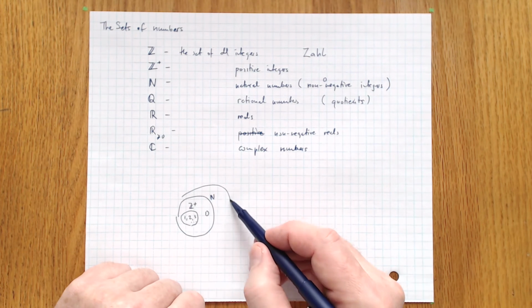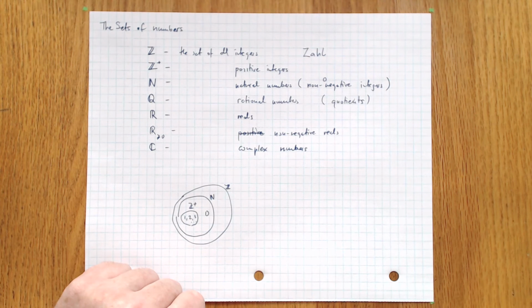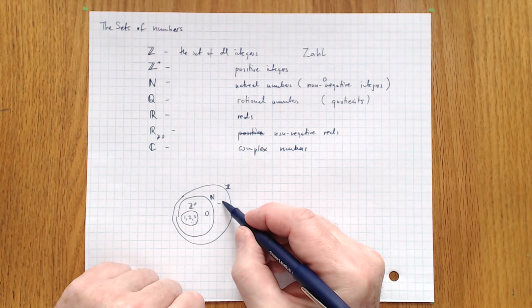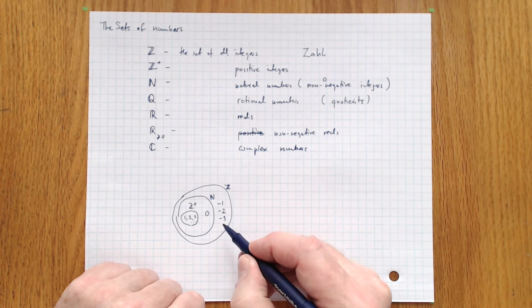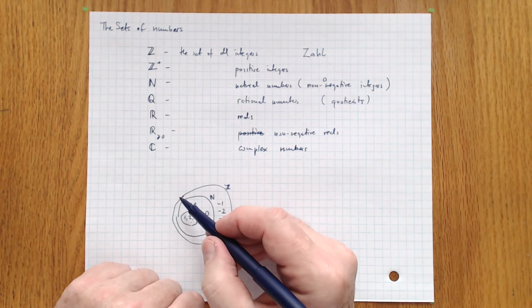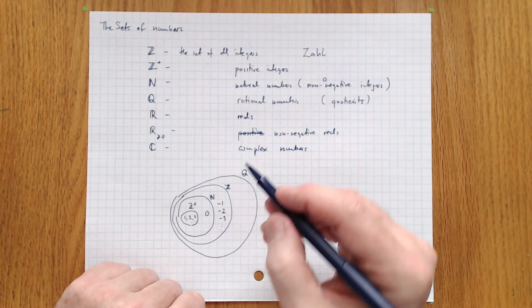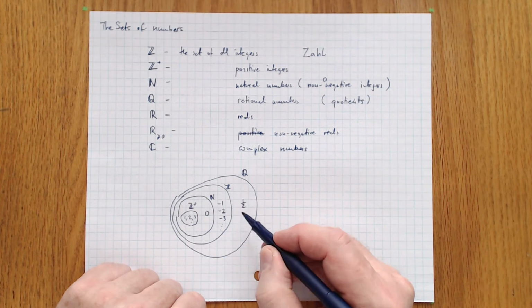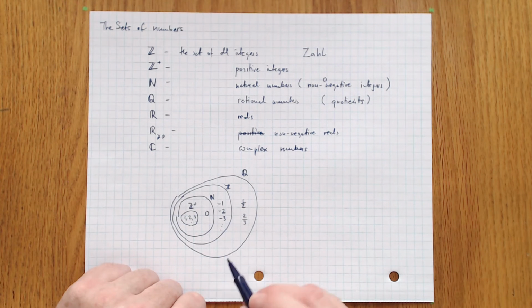Then we have the full set of integers, which contains all the previous ones, but also negative integers. The next is the set of rational numbers, which involves numbers such as 1, 2, 2/3, and so on.